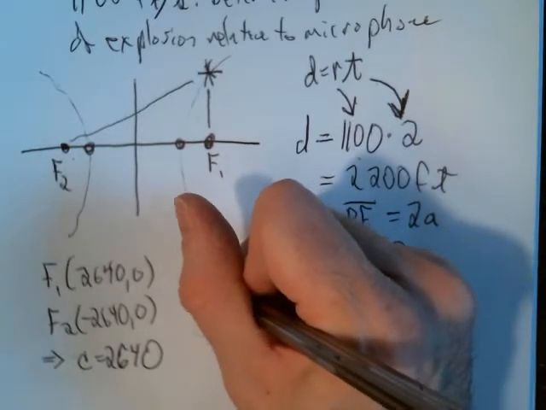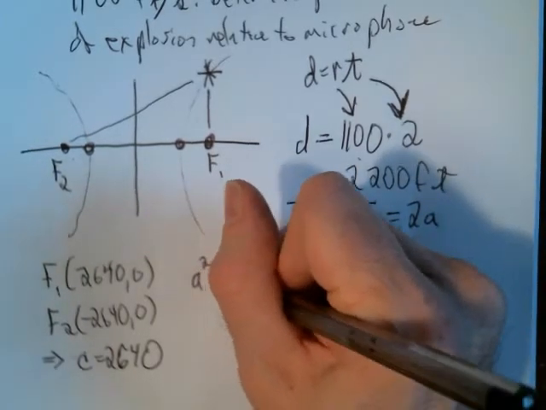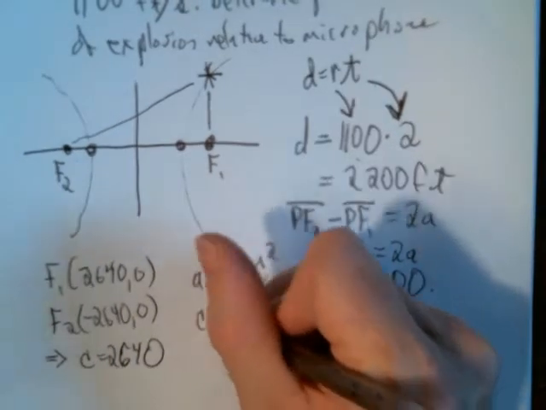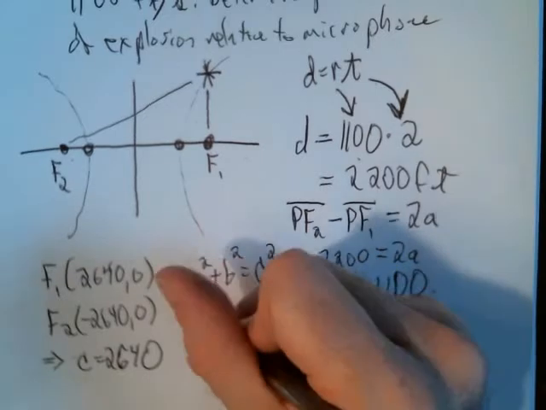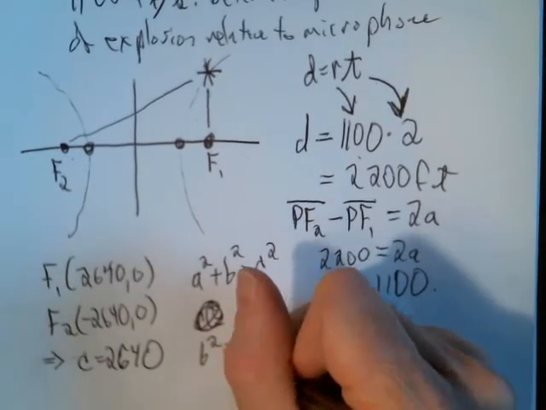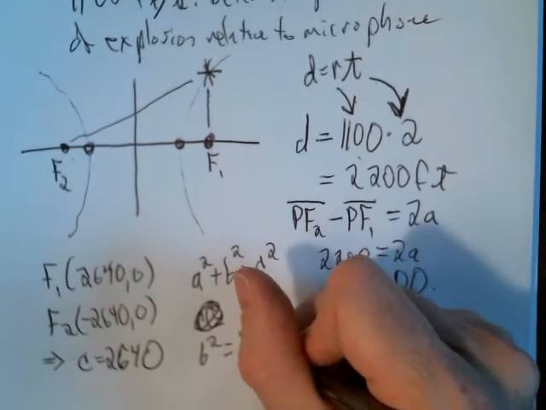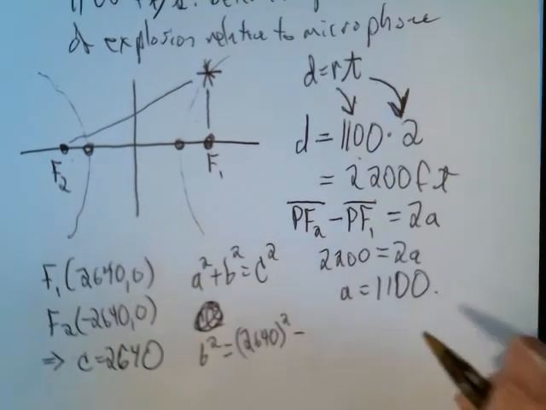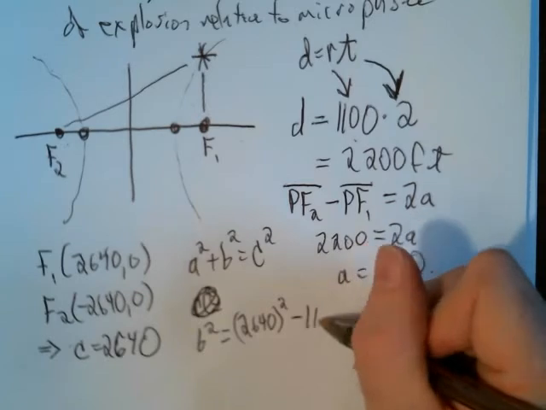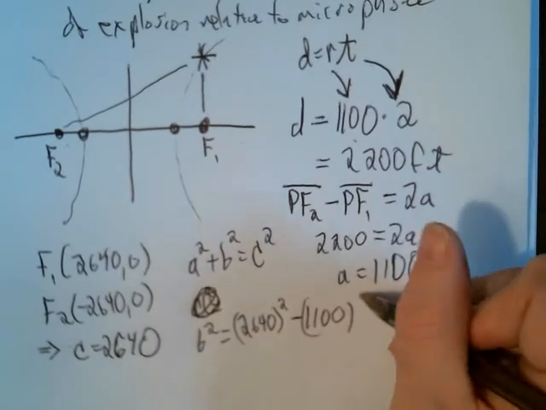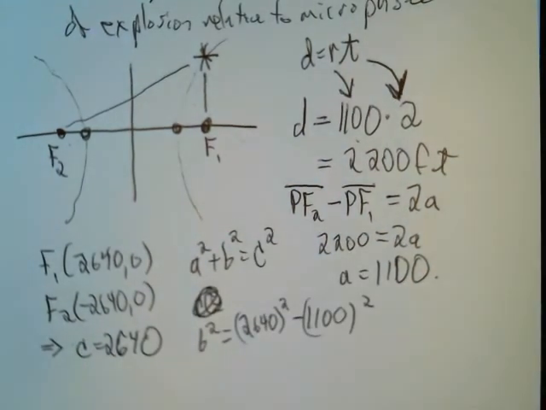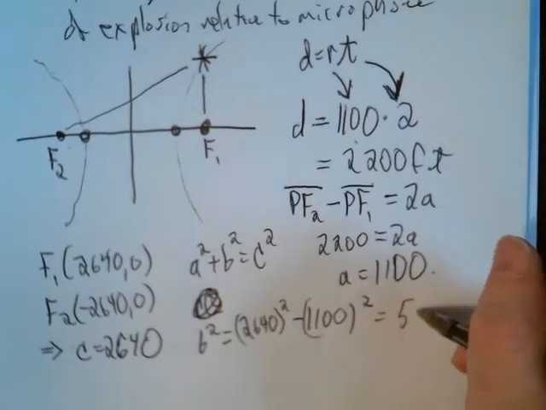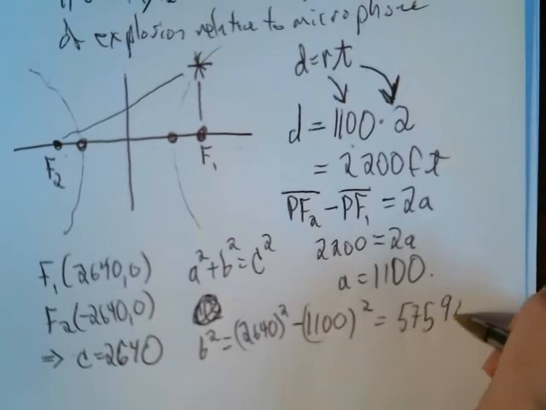So what do we have then? a squared plus b squared is equal to c squared, or rather we want b squared. b squared is equal to 2640 squared minus 1100 squared, whatever that turns out to be. I think it's something ridiculous, 5759600.